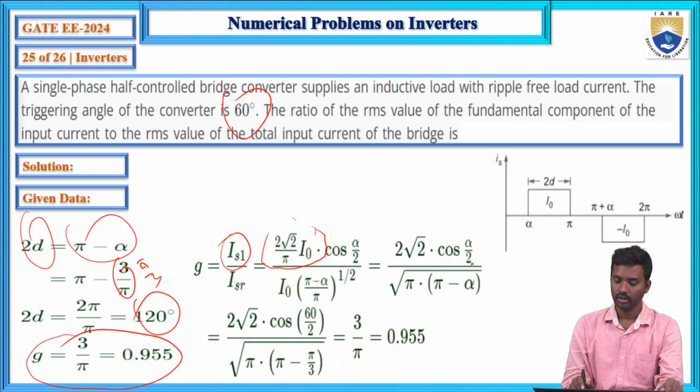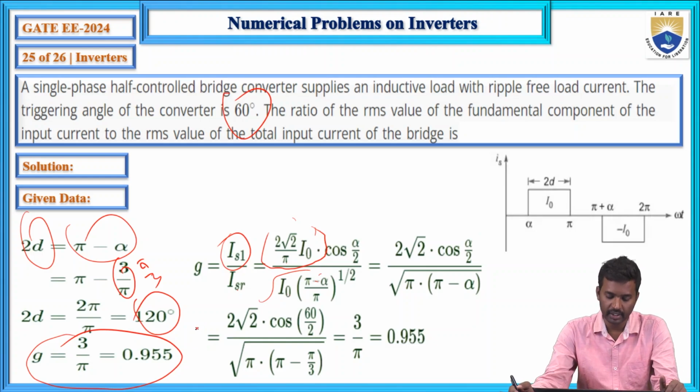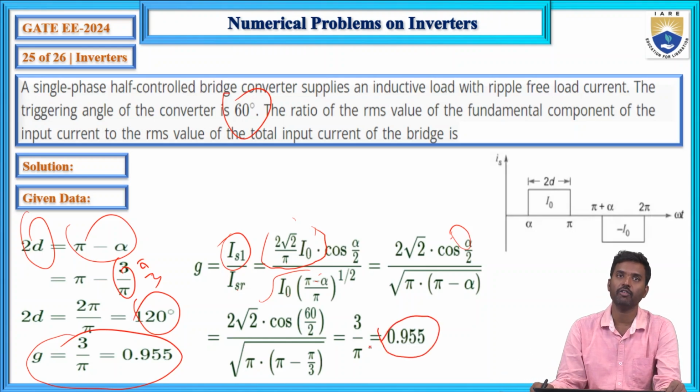So now I naught gets cancelled. Substitute the alpha value. Finally you will get a G value equals 0.955.